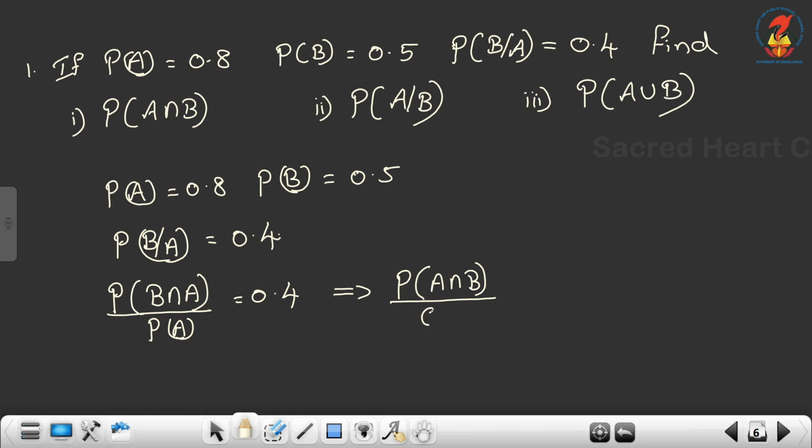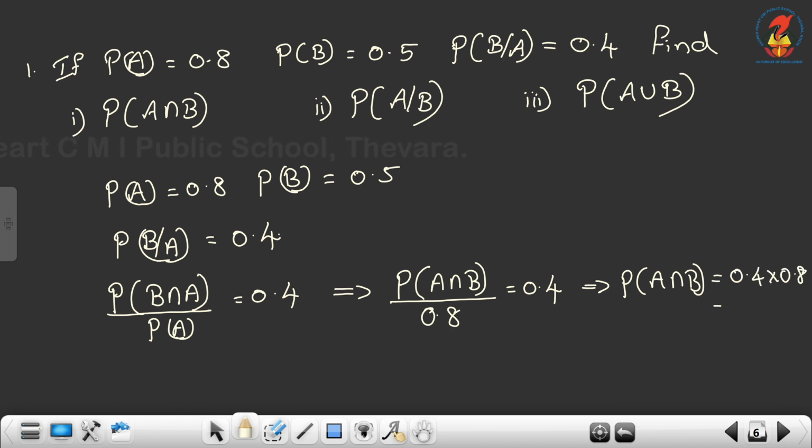What is P(A)? 0.8. That's equal to 0.4. So what is P(A intersection B)? P(A intersection B) is equal to 0.4 into 0.8. That is 0.32. That is P(A intersection B).